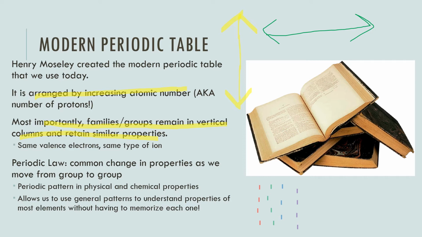It allows us to use general patterns to understand properties of most elements without having to memorize each one. So for example, if you look at group 1A and all of the elements listed there, you have H, Li, Na, K, Rb, Cs, Fr. Instead of having to memorize the properties of every single one of those elements, because they're all in the same family, I'll just call those the red family, they all share similar chemical and physical properties.